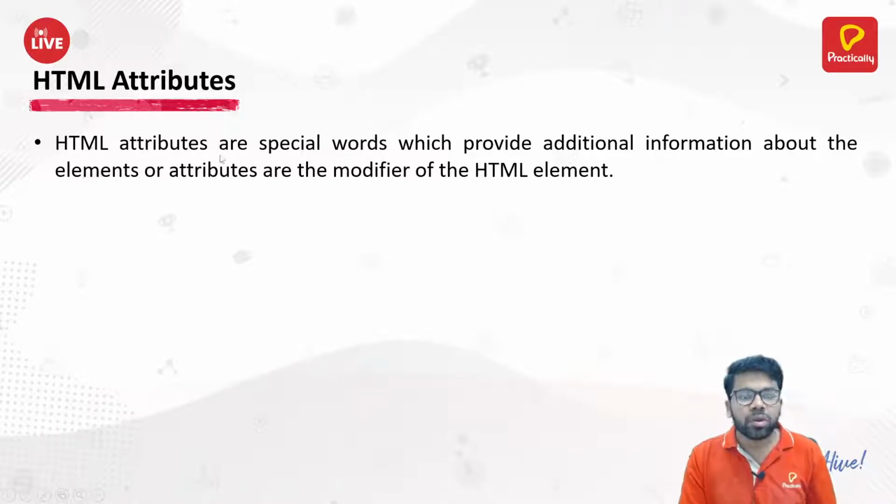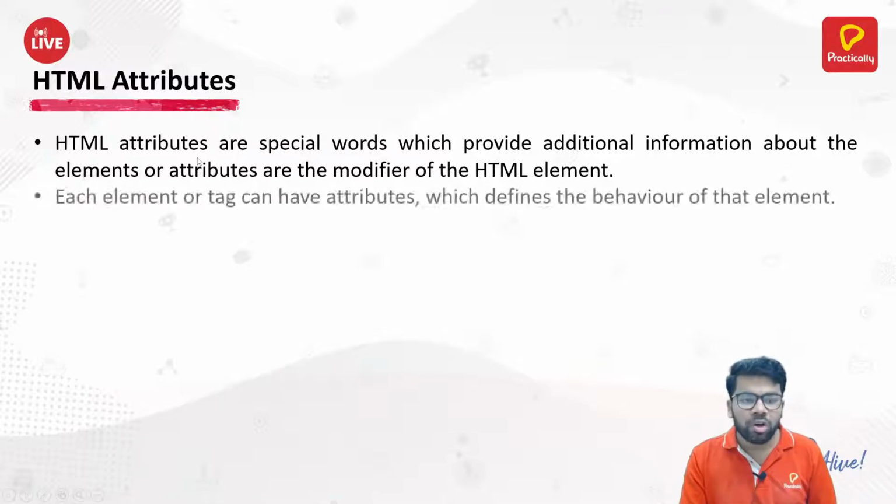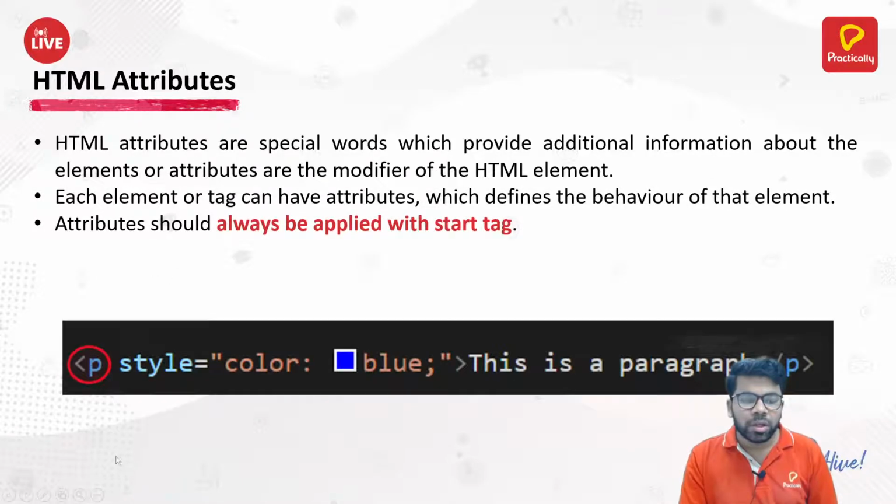So these HTML attributes are special words which provide additional information about the elements that we are displaying on the web page. How do we write an HTML attribute? Suppose this is a paragraph tag. The P tag is nothing but the paragraph tag. This tag is used to write paragraphs of information on the web page.